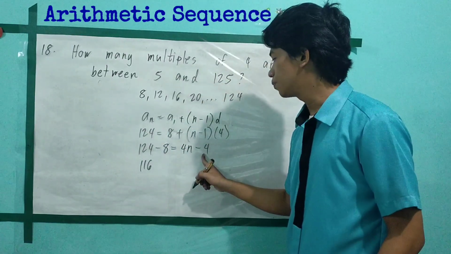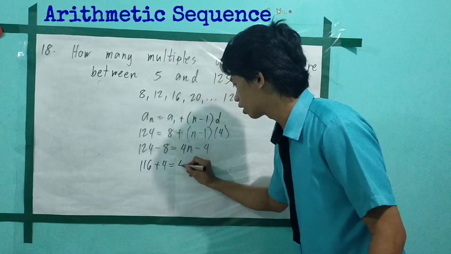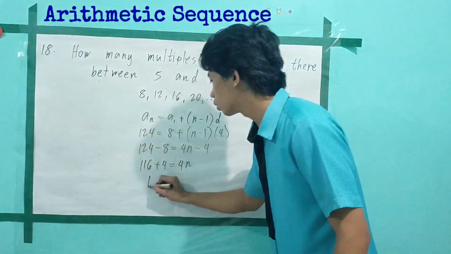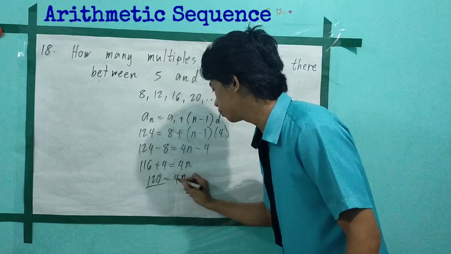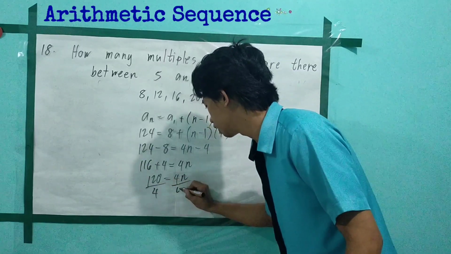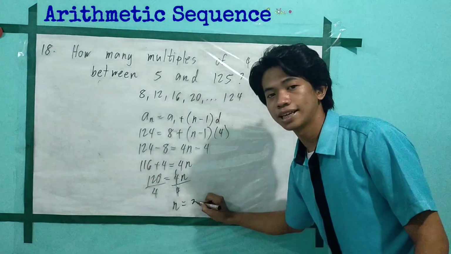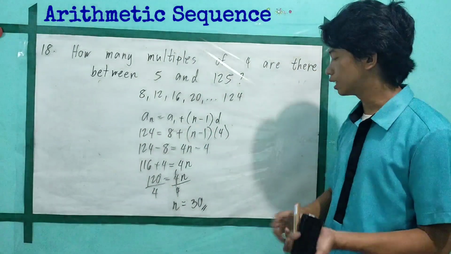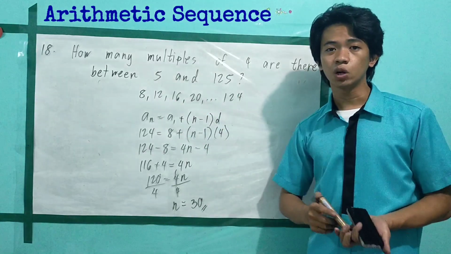As using AP again, negative 4 maging positive 4 dito is equal to 4n. So, 116 plus 4, we have 120 is equal to 4n. Dividing both sides by 4, our variable n is equal to 30. And it means that there are 30 multiples of 4 between 5 and 125.